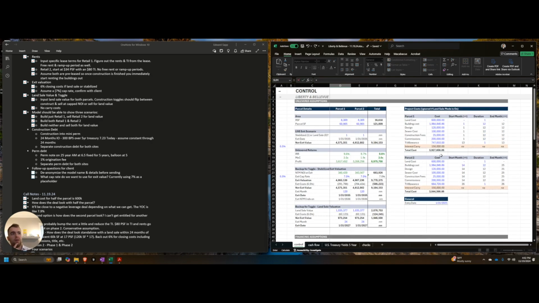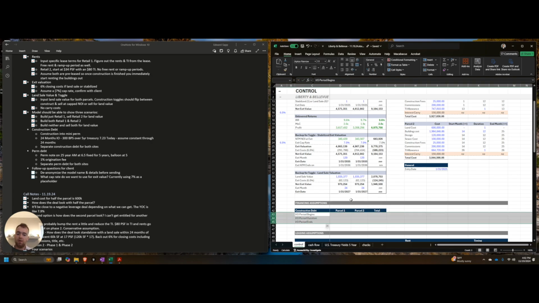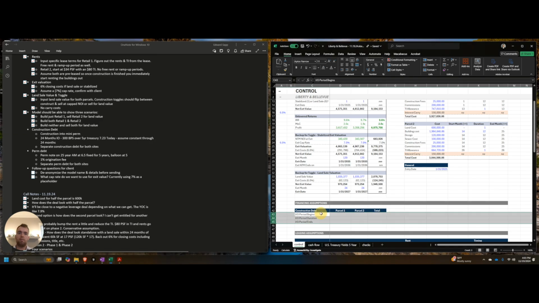So the IO period should begin. Interest only is what IO is, so you don't have, well, I don't even need to model an IO period. I just need an interest rate, because you don't really have amortization on construction debt because it's usually like a floater.